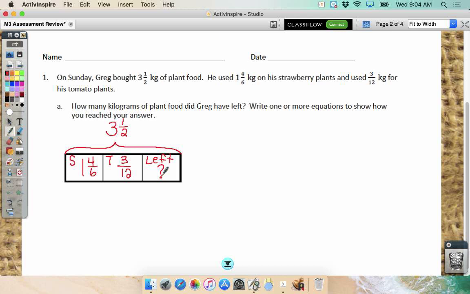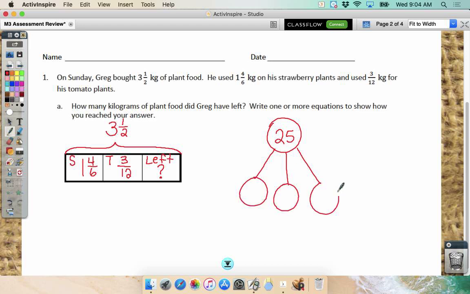Now I'm going to remind you of a problem we did yesterday that might help you figure out how to solve this one. So how do I solve this number bond problem? 5 plus 8.